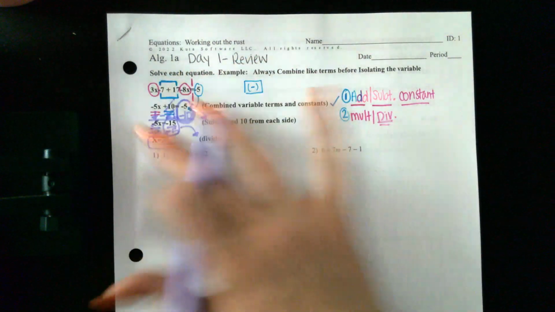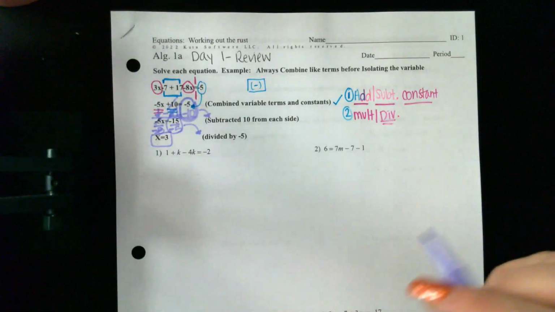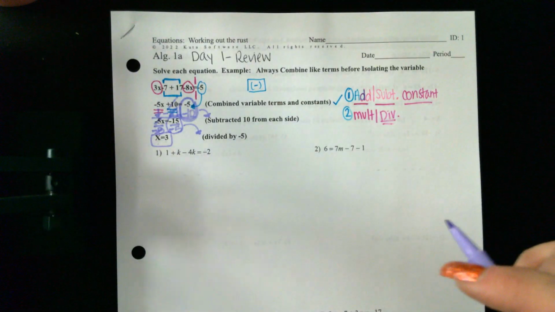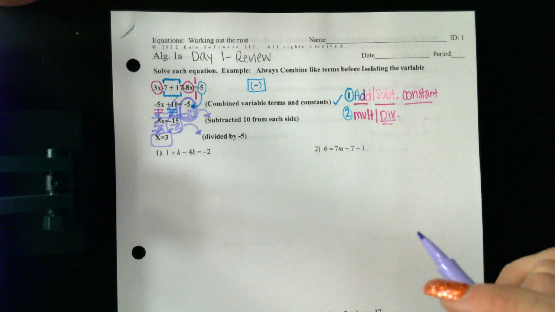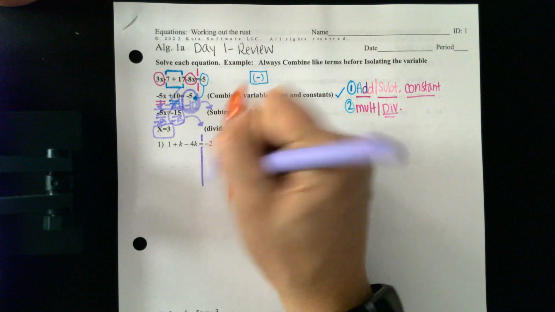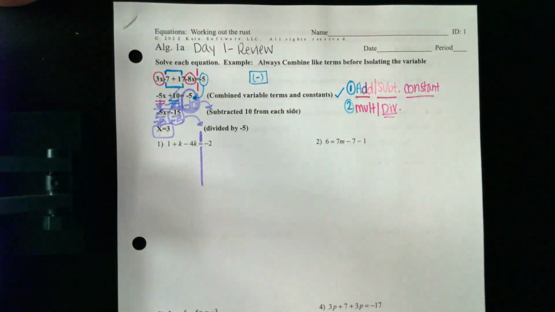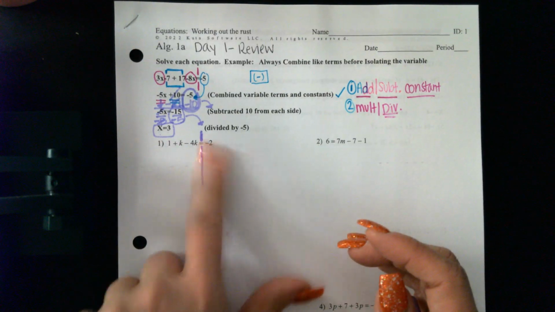We're going to follow this example and do 4 more problems down here so you can get the hang of it. The very first thing I want you to get comfortable with is that I always like to draw a line where the equal sign is, because when I say both sides, you have to know what I'm talking about: the left side of the line and the right side of that line.